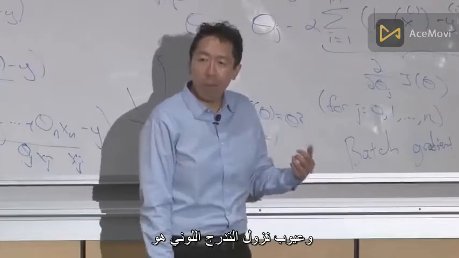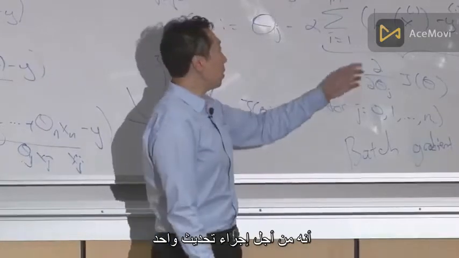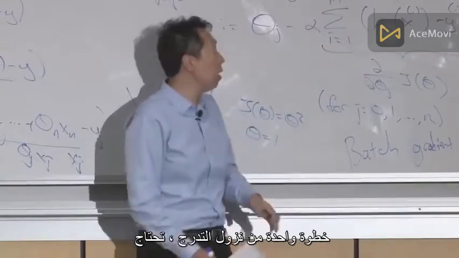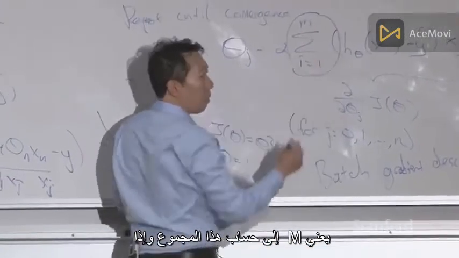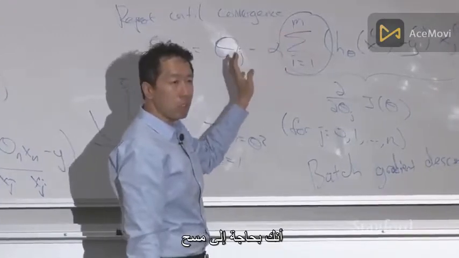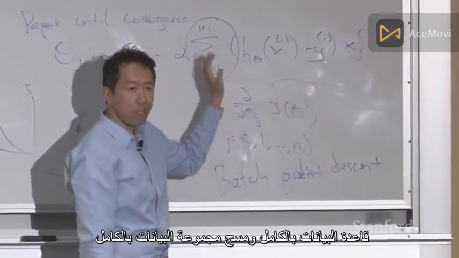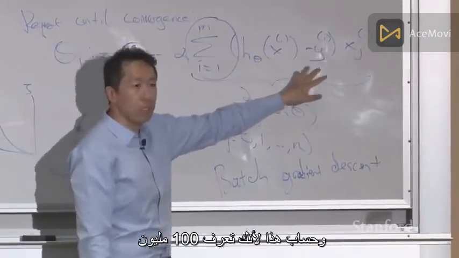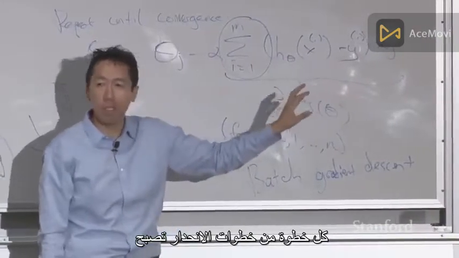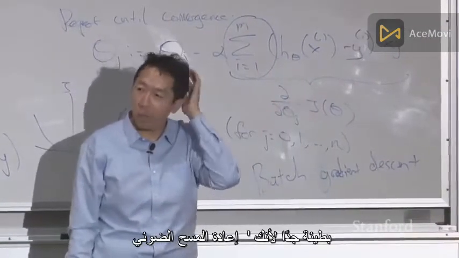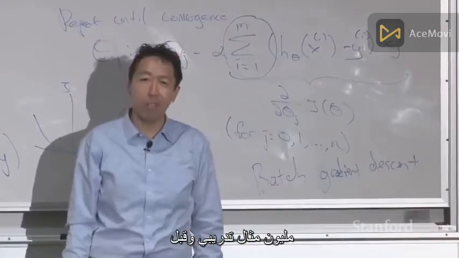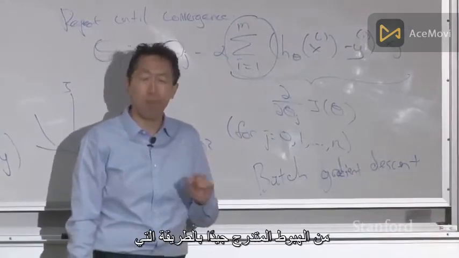The disadvantage of batch gradient descent is that in order to take even a single step of gradient descent, you need to calculate this sum. And if m is, say, 1 million or 10 million or 100 million, you need to scan through your entire data set and calculate this for 100 million examples and sum it up. So every single step of gradient descent becomes very slow because you're reading over 100 million training examples before you can even make one tiny little step of gradient descent.